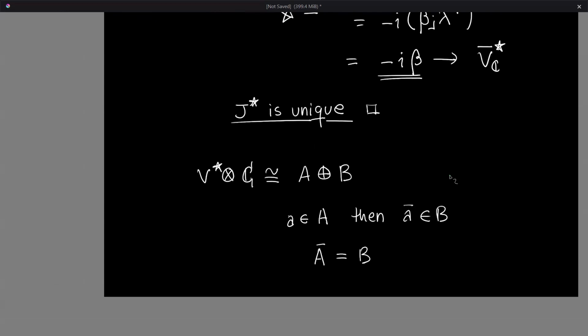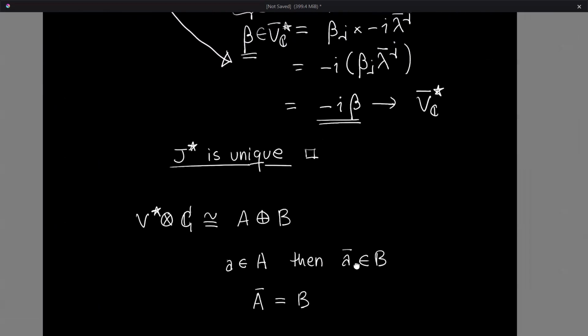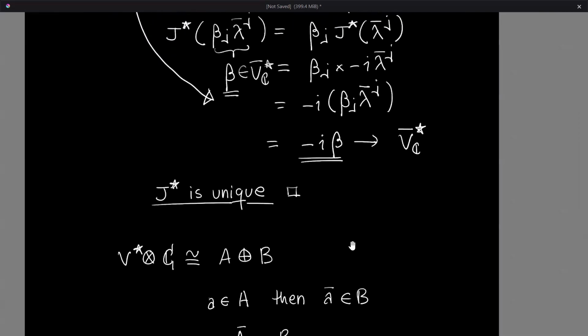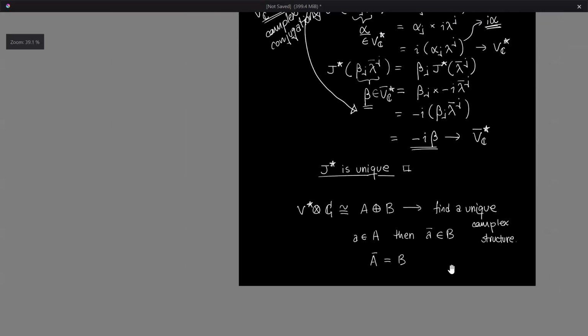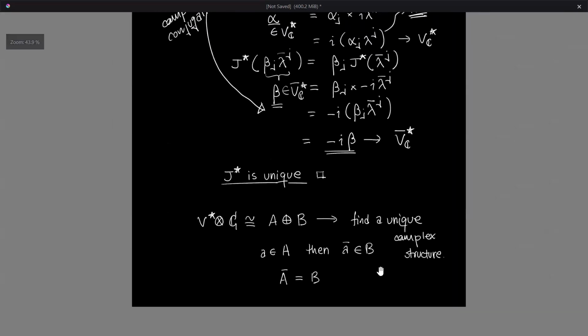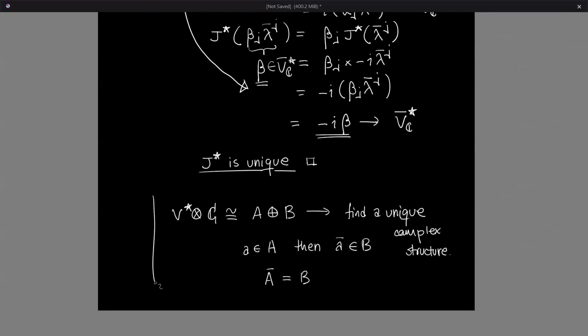So if they're related by conjugation in a one-to-one correspondence, you will always be able to find a unique complex structure. Okay, and that's the last result.